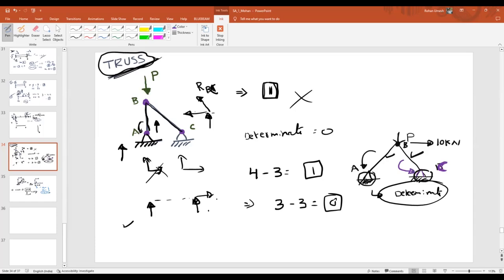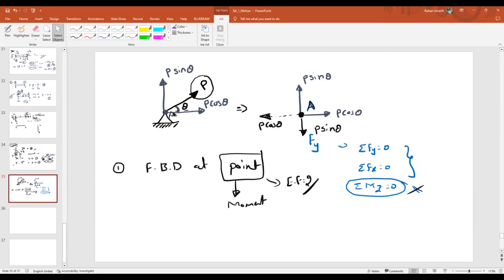Yes, sir. So always you have to think that it doesn't matter which type of forces exist, but if you look at this point, are you increasing any numbers? At point B, only two members are meeting. Just like in this case, I told you, if you are talking about the equilibrium equations at a point, or the free body diagram at a point, how many equilibrium equations does it have to satisfy?